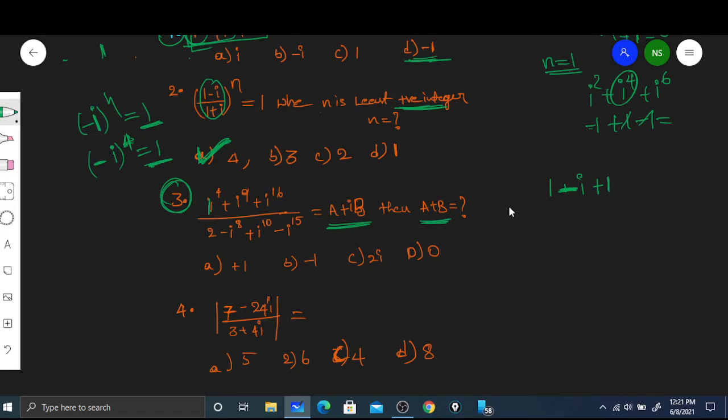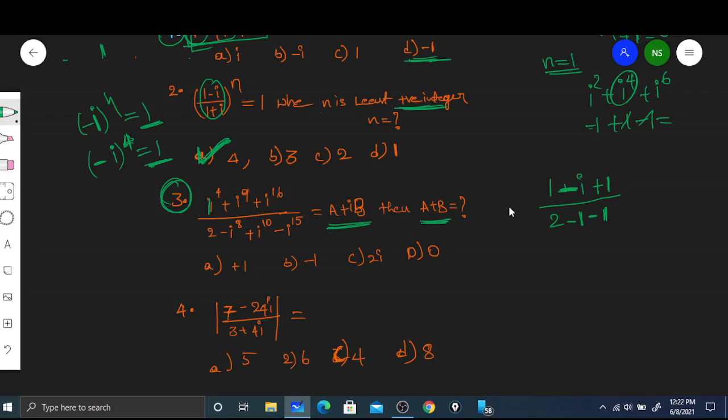Divided by 2 minus i power 4, value 1, so it is a multiple. i power 10 is minus 1.